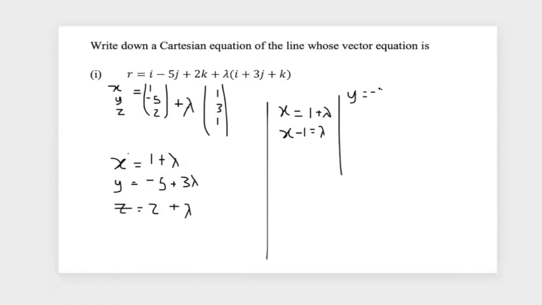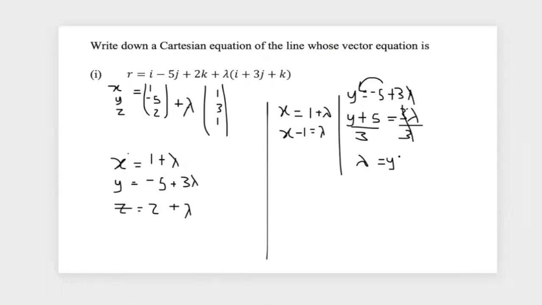We have to make lambda the subject. So we carry over minus 5, so we'd have plus 5. So it's y plus 5 equals 3 lambda. And then divide both sides by 3. So therefore, we have lambda equal y plus 5 over 3.